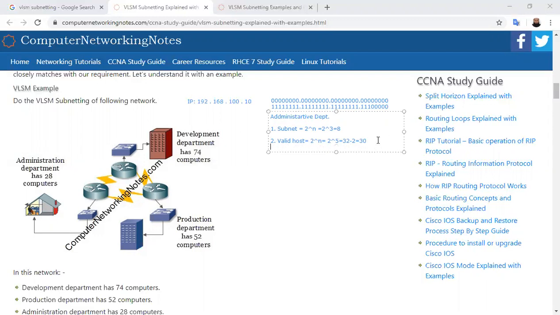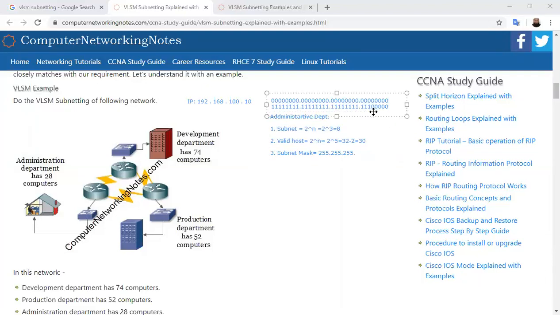The third answer is the subnet mask. We already have the subnet and host. Now we need the subnet mask. What will be the subnet mask? If we use dotted decimal, this is a C class IP, so 255.255.255 and then the last octet.